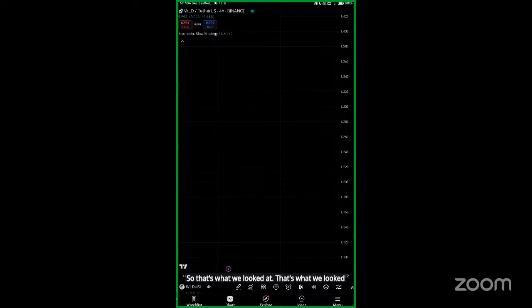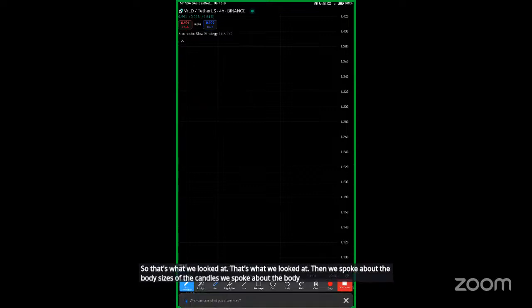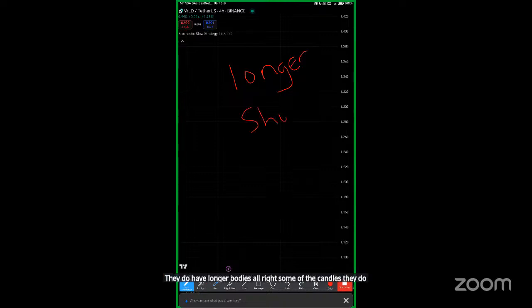Then we spoke about the body sizes of the candles. We said that some candles do have longer bodies, and some candles do have short bodies.